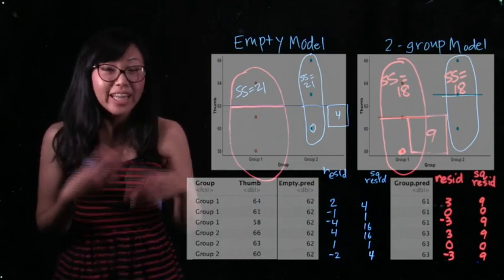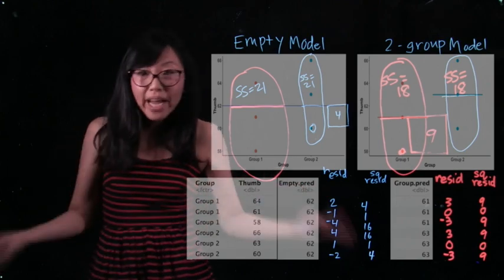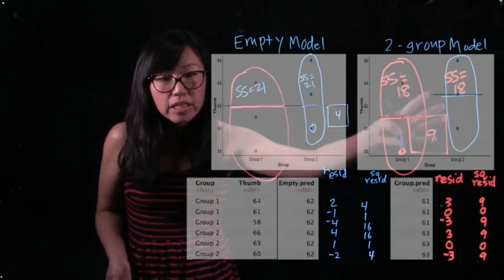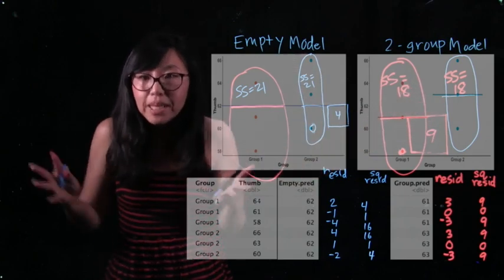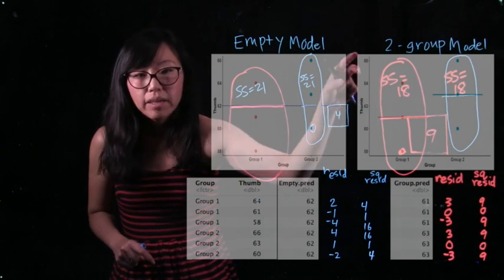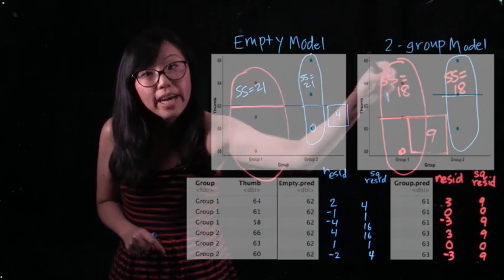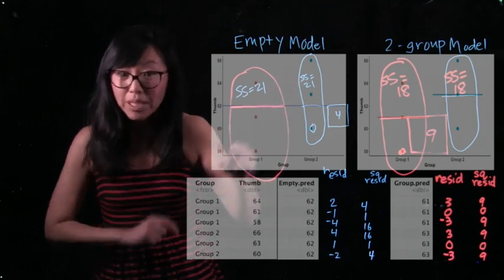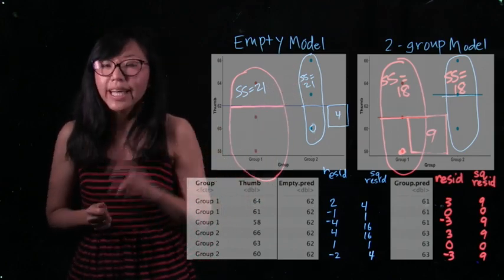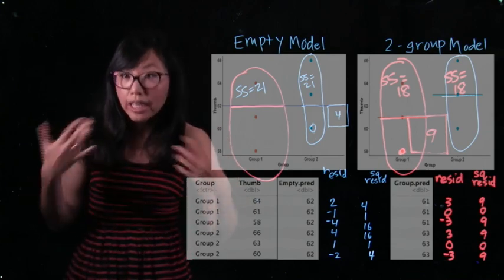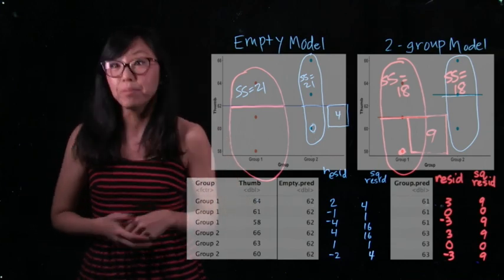That's true no matter what the means actually are. Whatever the means are for these two groups, that mean is going to minimize that sum of squares. Those minimized sums of squares added together are going to be smaller than these non-minimized sums of squares. And that's going to be a real key in why the two-group model has a smaller leftover sum of squares than the empty model does.